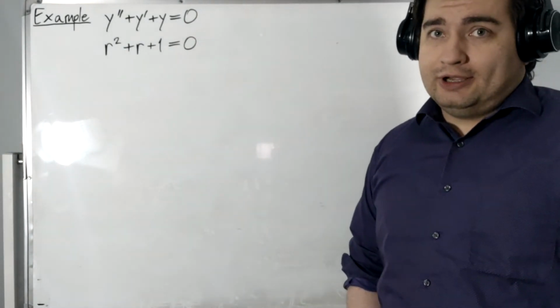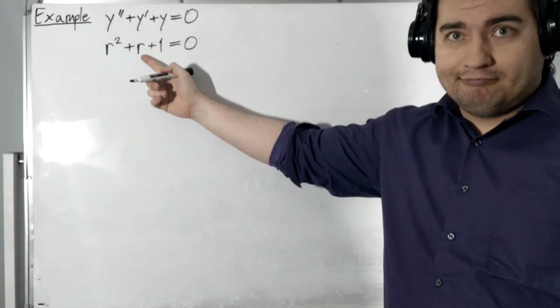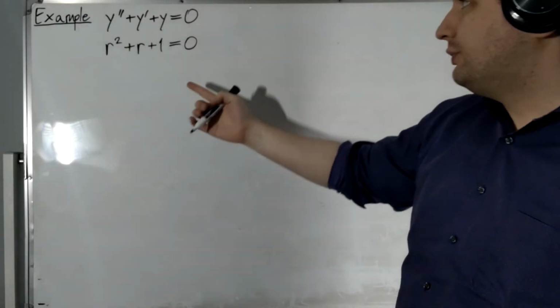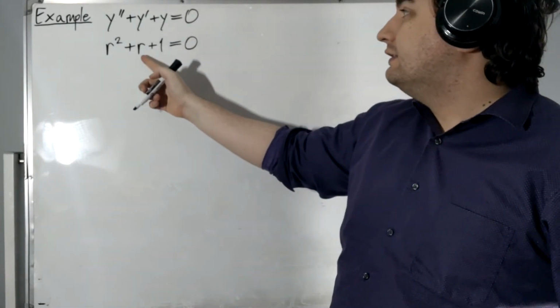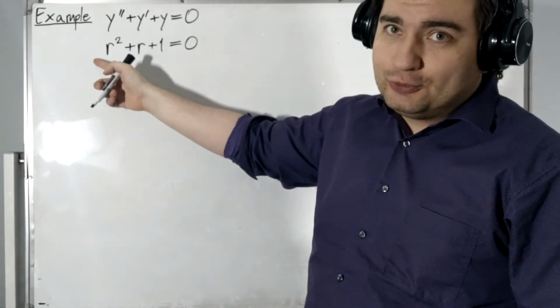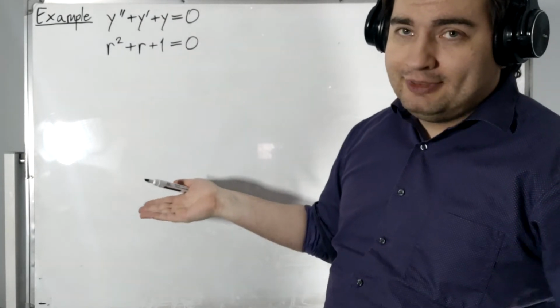All right, so now that you have that, you look at this and you say, all right, the discriminant, b squared minus 4ac, if we remember from high school, in this case is going to be 1 squared minus 4 times 1 times 1, which is definitely a negative number.